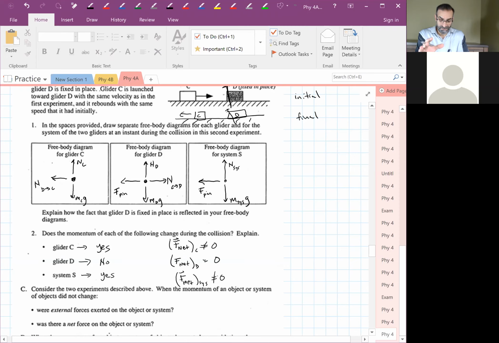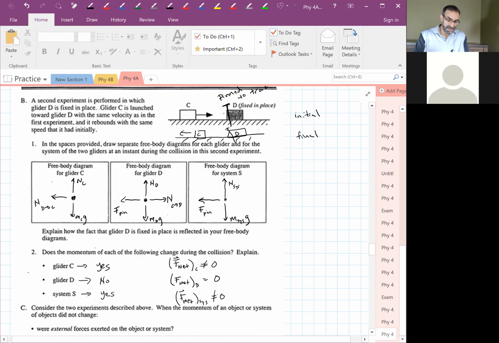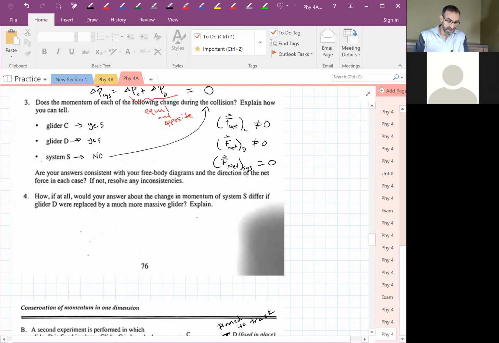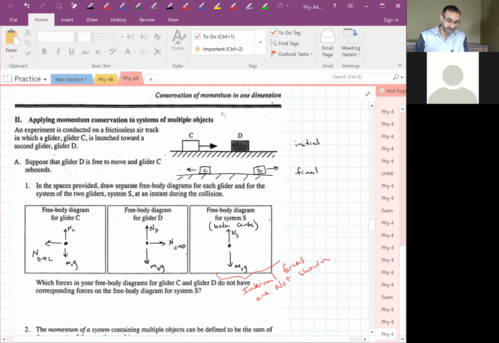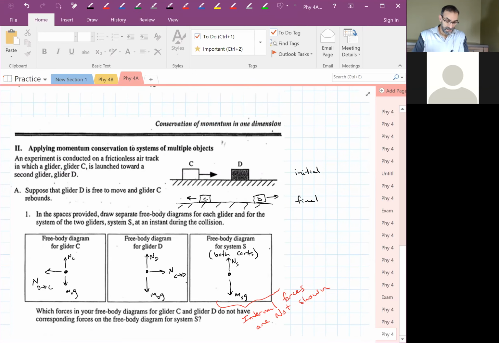Not momentum, changes in momentum. The system may have had momentum in the previous case. Where's the previous case? Here. The system has momentum at the beginning and it has momentum at the end, but it didn't change. The momentum didn't change during the collision.